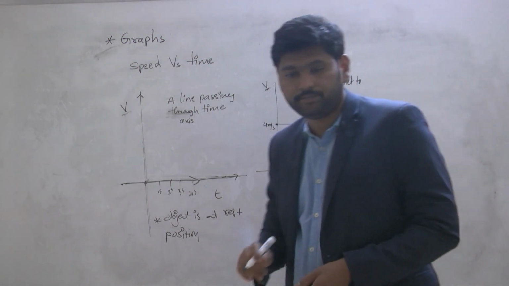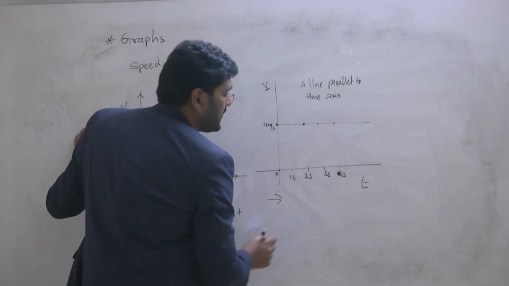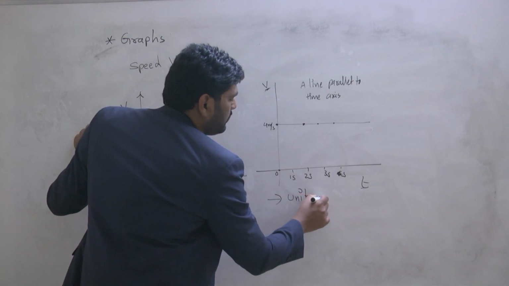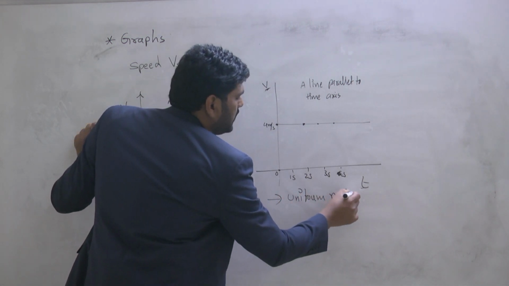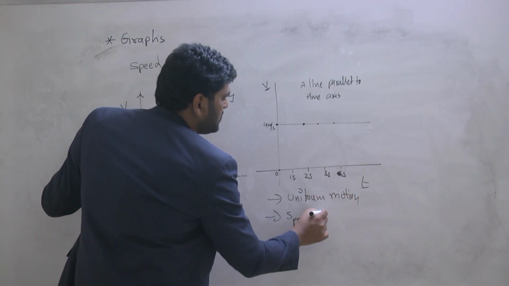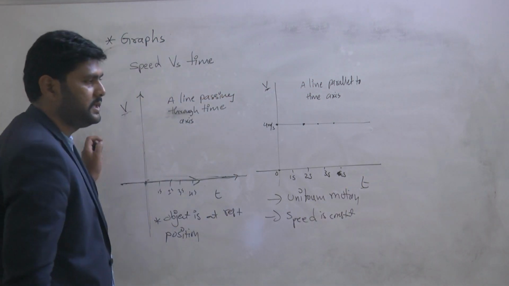Any line parallel to the time axis represents constant velocity, constant speed. It's moving with constant speed, which means uniform motion. In uniform motion, speed is constant.